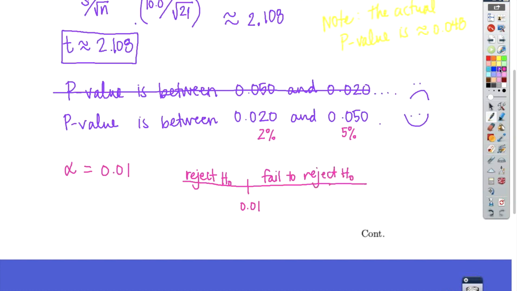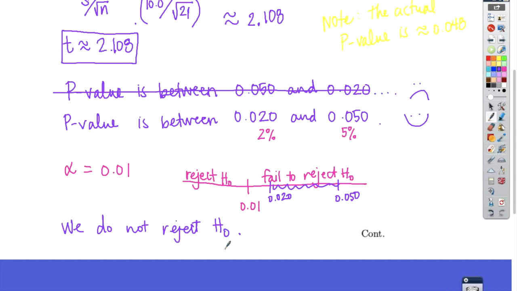And what we just found is that our p-value is somewhere between 0.020 and 0.050, so like this interval, which is still on the fail to reject side. So we do not reject H0. We do not reject our null hypothesis.